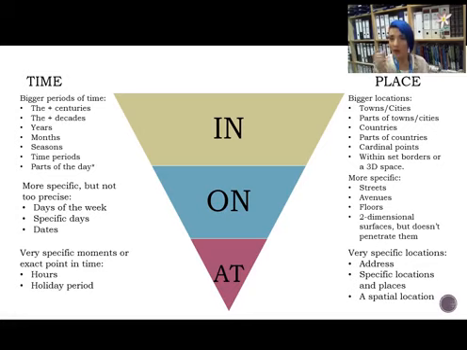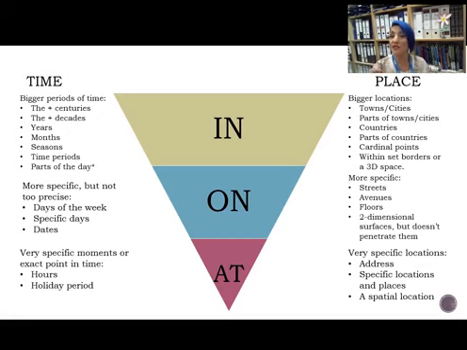On, as I mentioned before, is when we're being more specific, but not too precise, right? So we talk about the days of the week. I go swimming on Mondays, or I play tennis on Thursdays, right? Or the meeting is on Saturday, right?